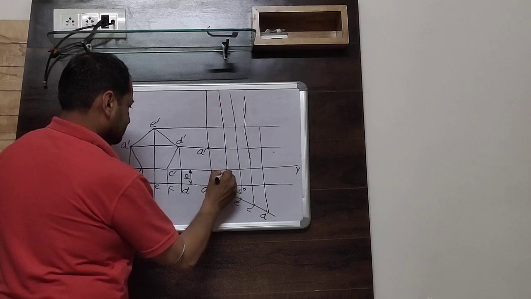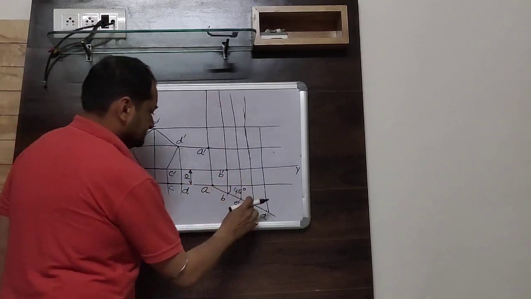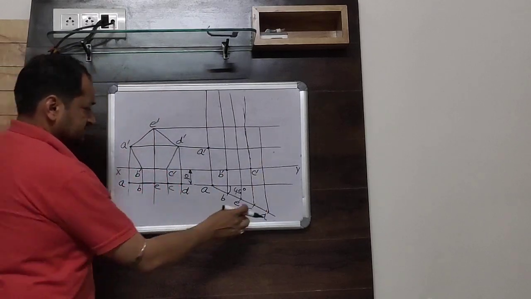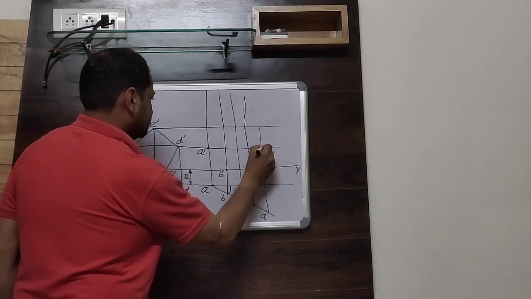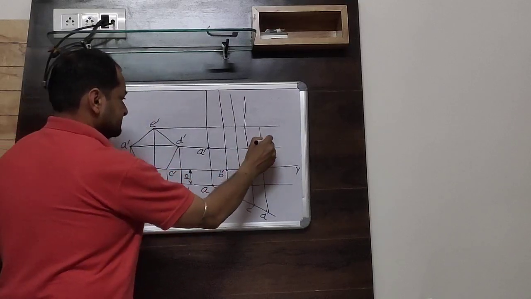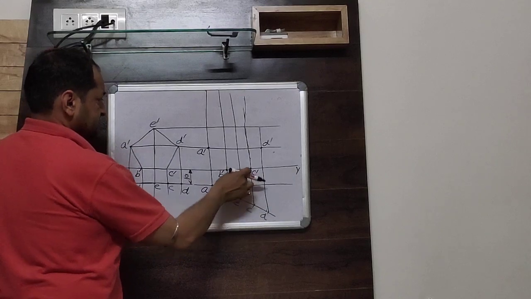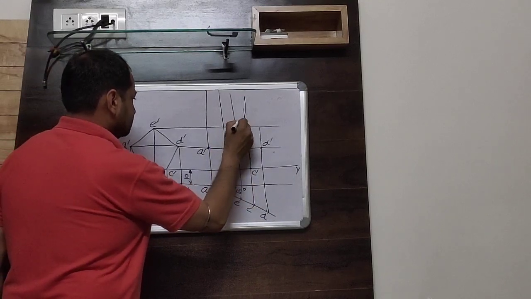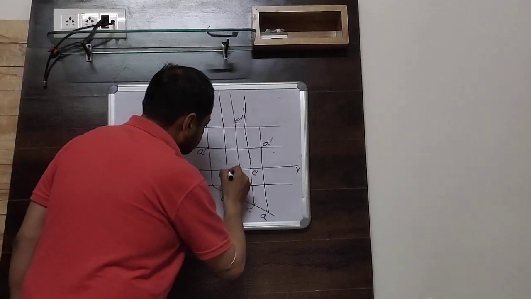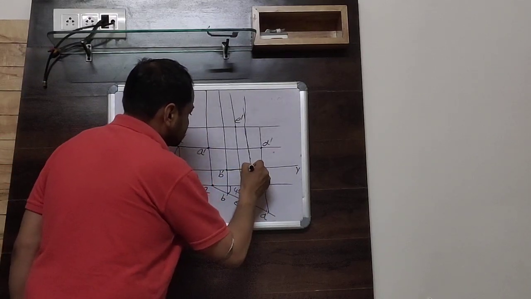B is this one. This is B dash, this is C dash, this is D dash. This line is of E. This is E dash. Then join all these points.